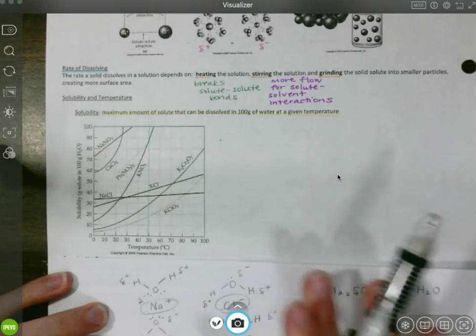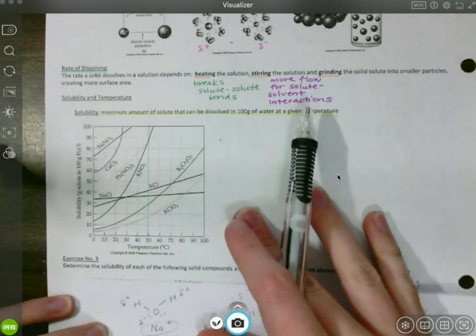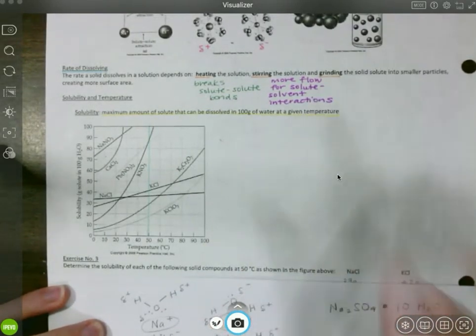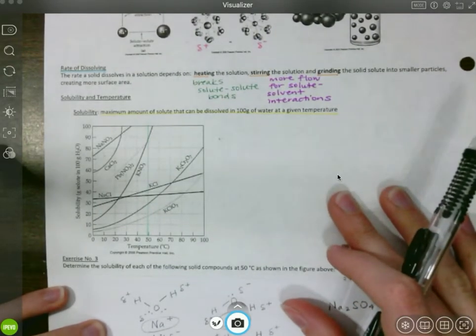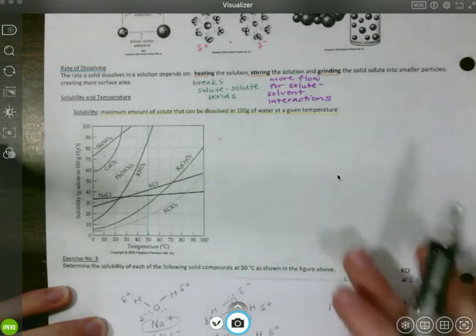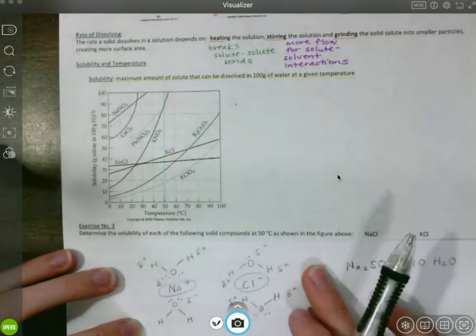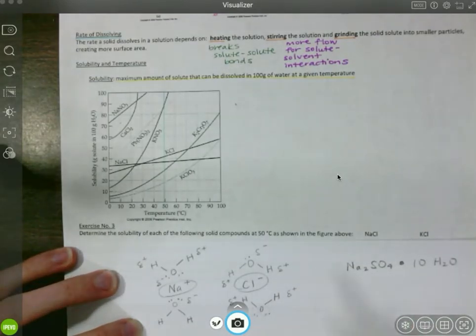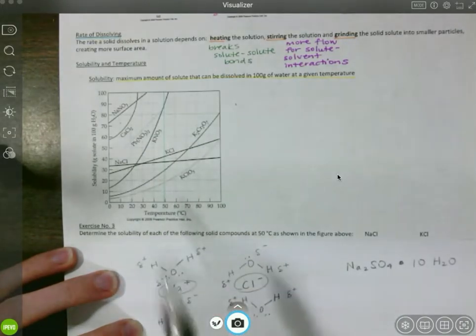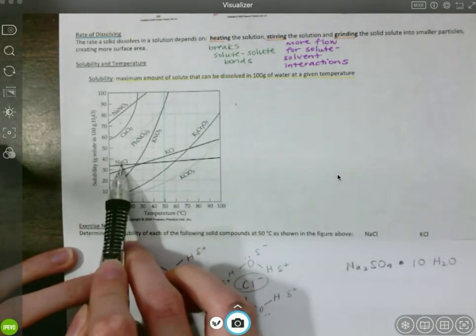So let's look at exercise number 3. Determine the solubility of each of the following compounds at 50 degrees Celsius, as shown in the figure above. So we're using this solubility curve that we have here. We are looking at sodium chloride, so we want to find sodium chloride's curve. It's this guy right here.